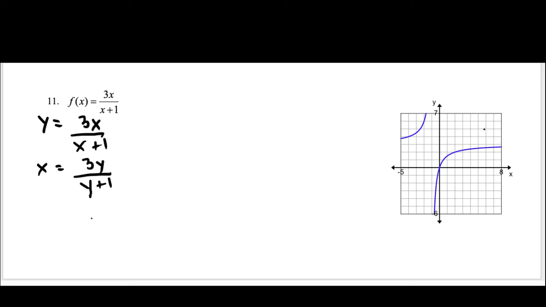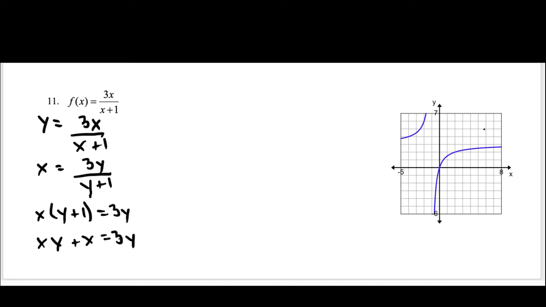So I would start by multiplying both sides by y plus 1. So I get x times y plus 1 equals 3y. Distribute the x. x times y plus x equals 3y.